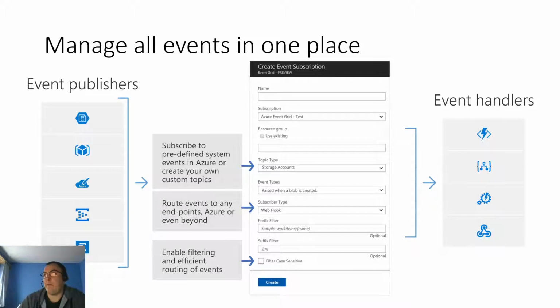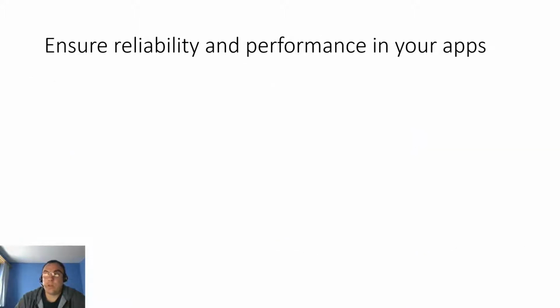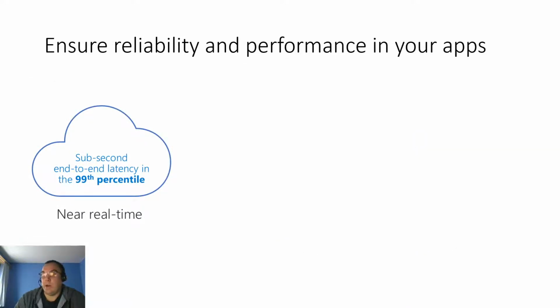So when we look at that event subscription, right, you have a topic, in this case, storage account. When it's created, we can trigger a webhook, do some filtering, and get quite extensive with what we want to do and how we want to handle those events. So like I said, right, event grids allow you to reliably and performantly trigger components within your application.